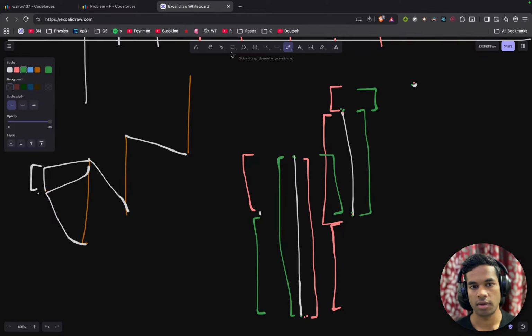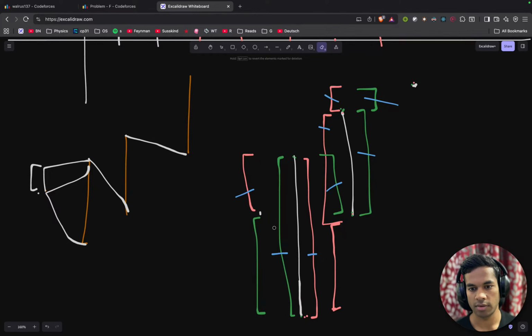So here we see that these two cancel out each other, these two also cancel out each other, these two cancel out, this one and this one cancel out, right? This one does not cancel out anything.